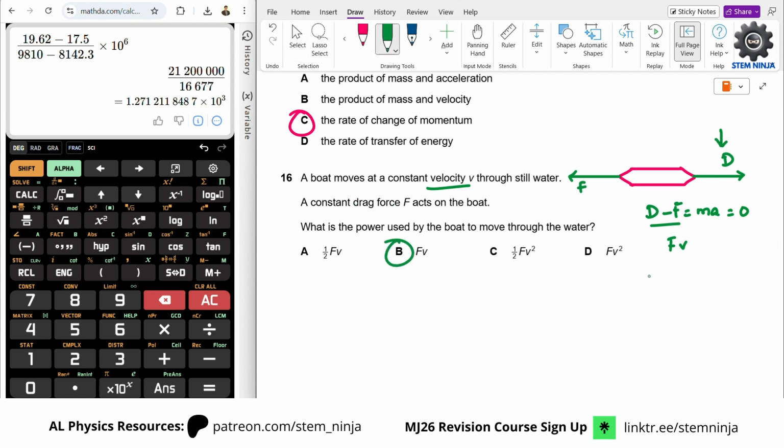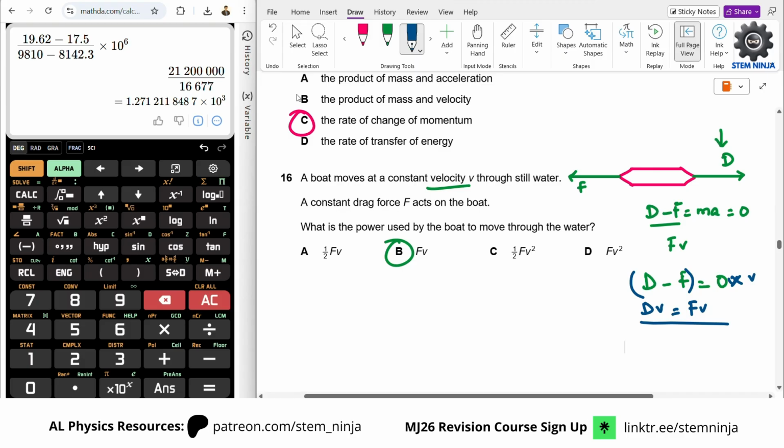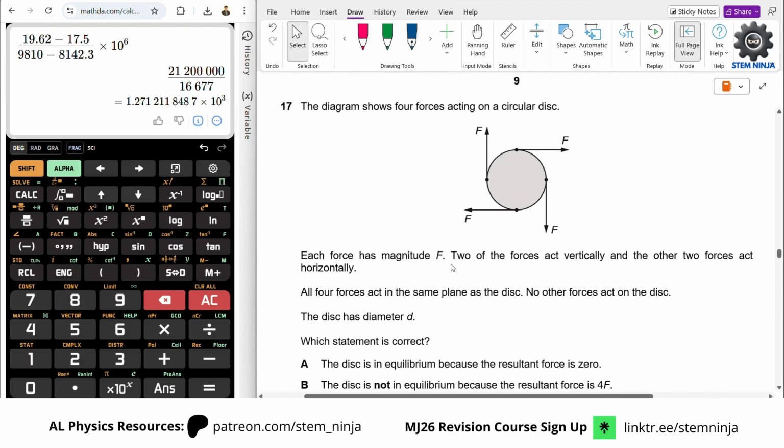If you are concerned, just multiply both sides by v. So this is Dv equals Fv, which basically means the power used by the boat is power lost against the drag force.